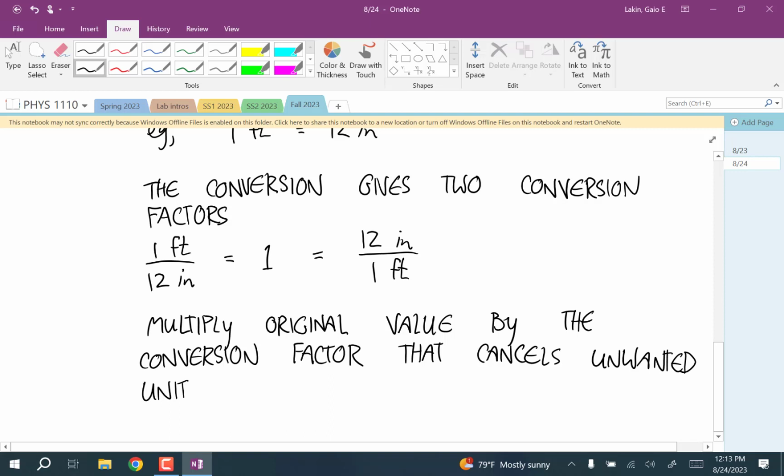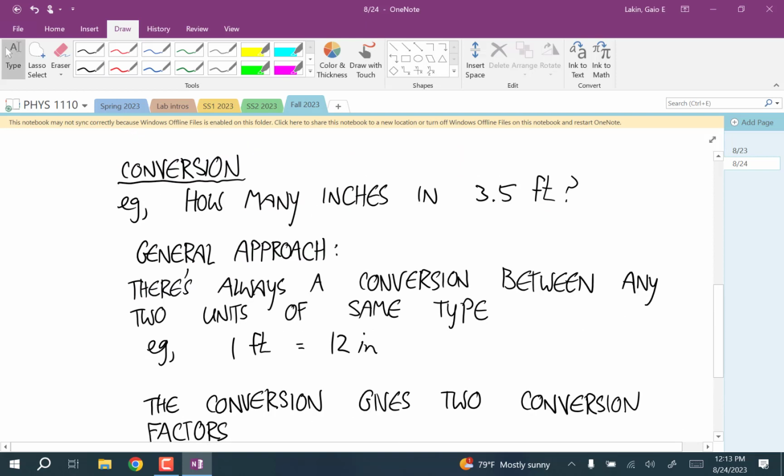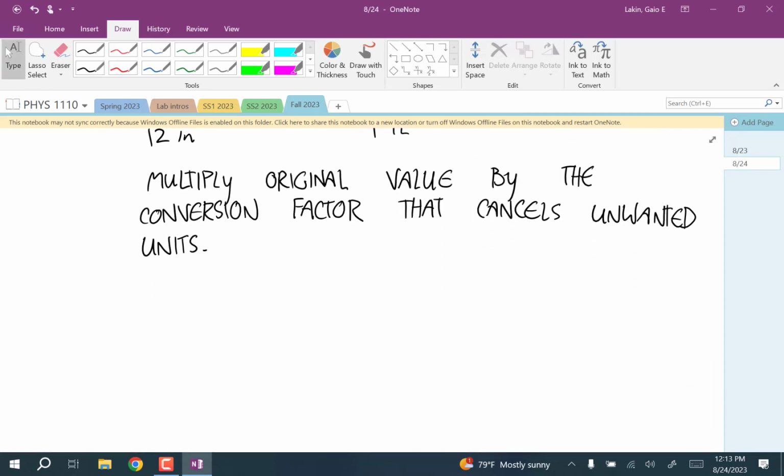Okay, so let's look at the example we're working on and think about what the unwanted units are. We're trying to figure out how many inches in 3.5 feet. So our original value is 3.5 feet, okay? And the unwanted units are feet because we want to put it into units of inches. So we're going to start with 3.5 feet.